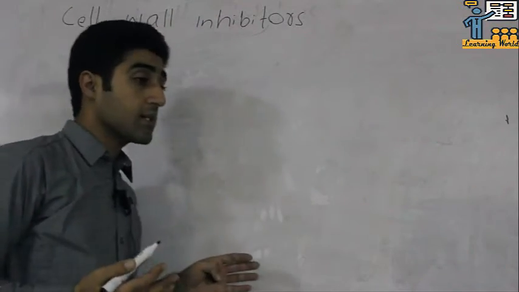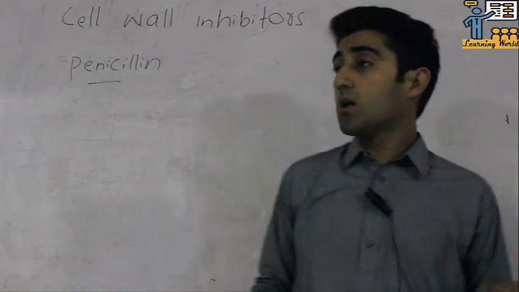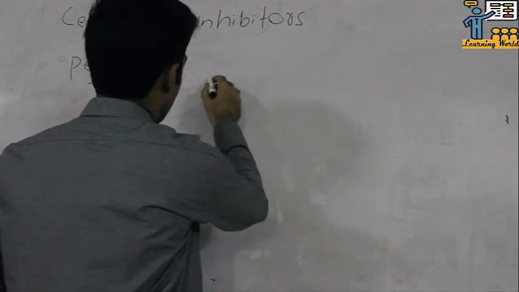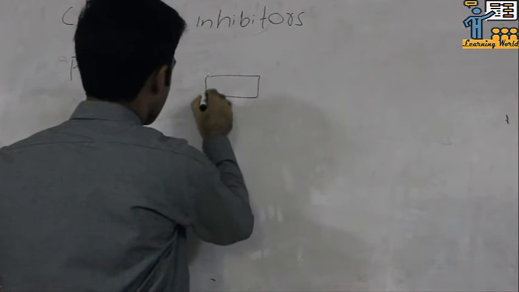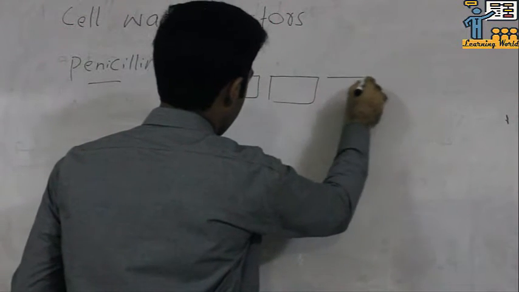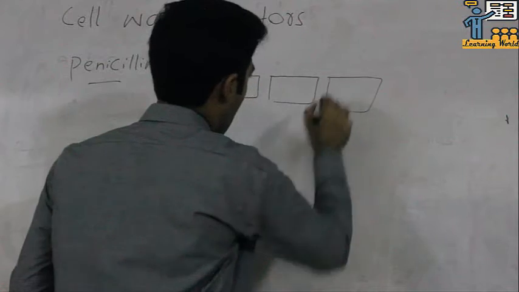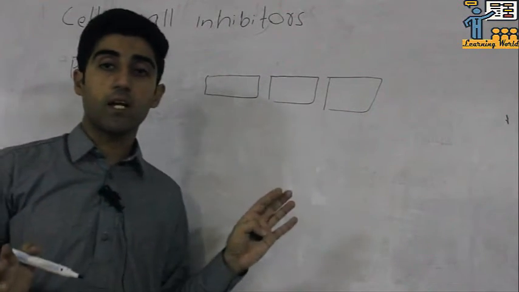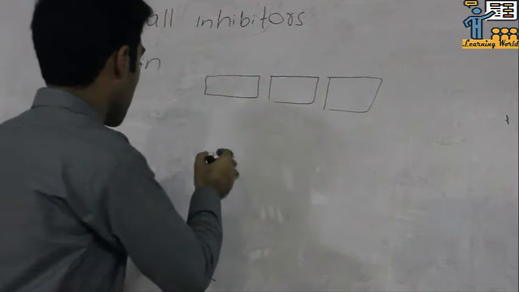First of all, we will discuss the structure of the bacterial cell wall. For example, this is the structure of the bacterial cell wall. This is the outer layer of the peptidoglycan. This is the peptidoglycan layer of the bacterial cell wall.